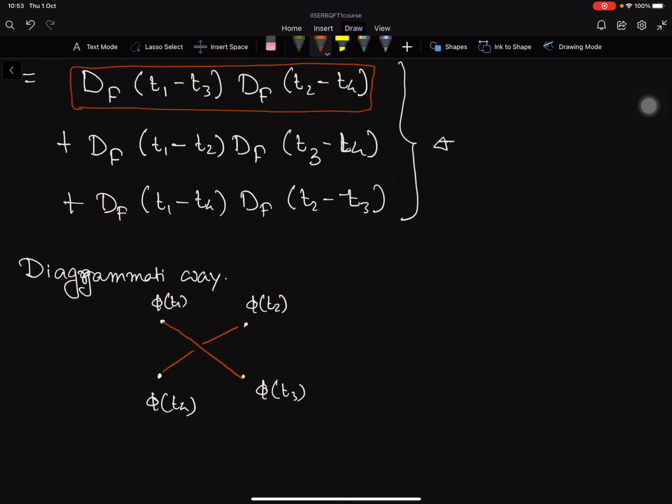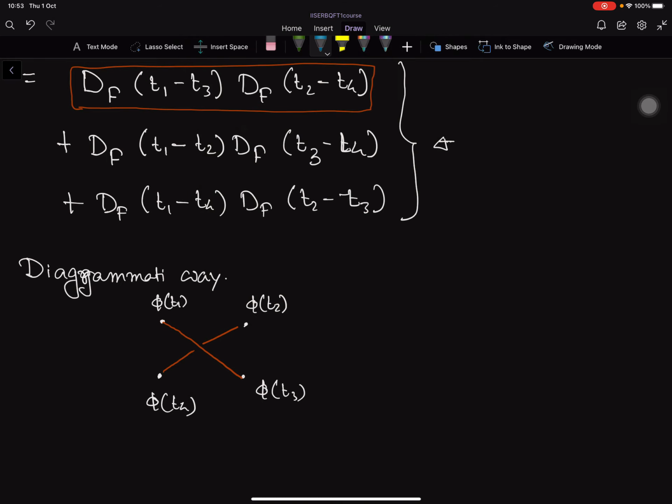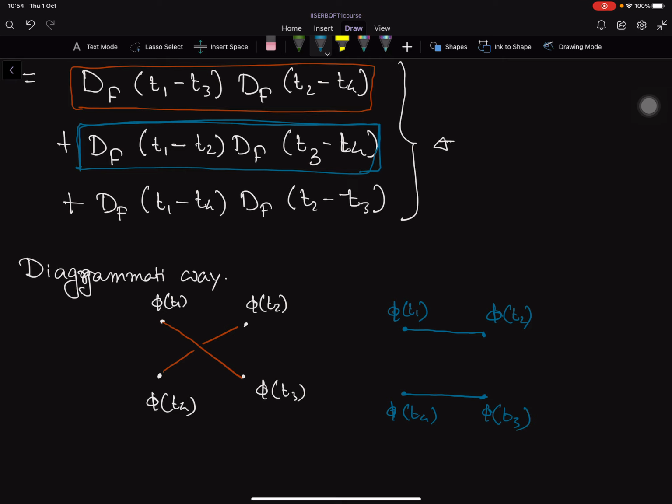Okay, for the second piece we again draw, let's say, 1, 2, 3, 4. The second piece is just 1 and 2 and 3 and 4. So this is phi of t1, phi of t2, phi of t4, phi of t3.